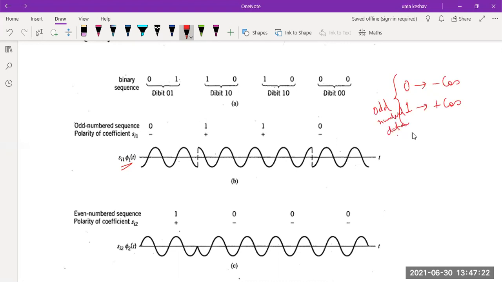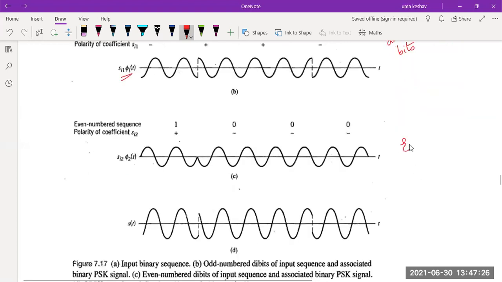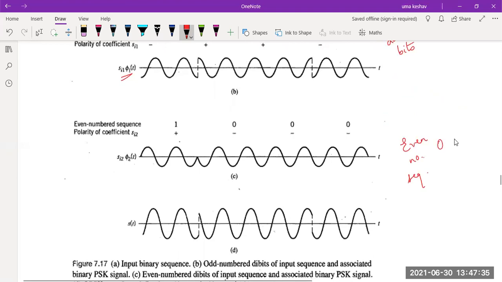And in the even numbered data sequence, we are going to represent 0 with a negative sine and a 1 with a positive sine. Positive sinusoidal wave, plus sine.